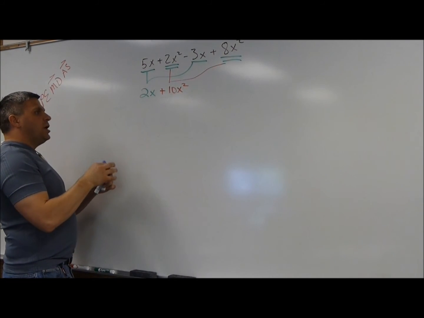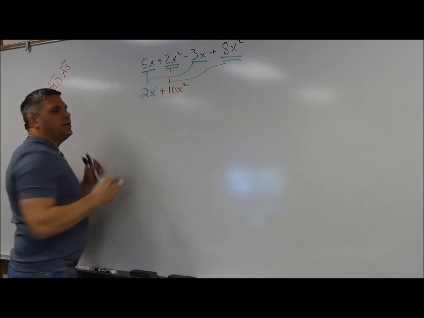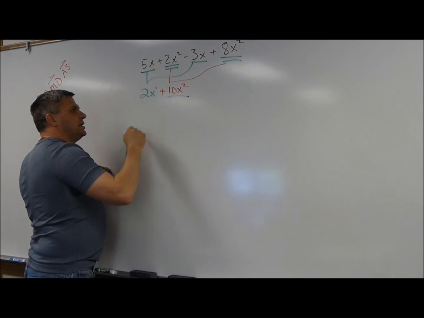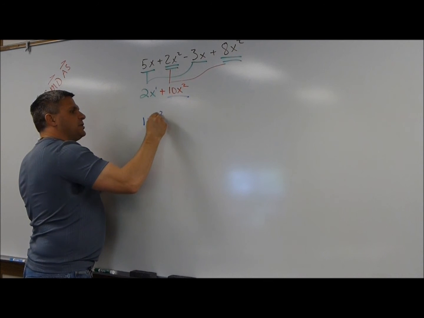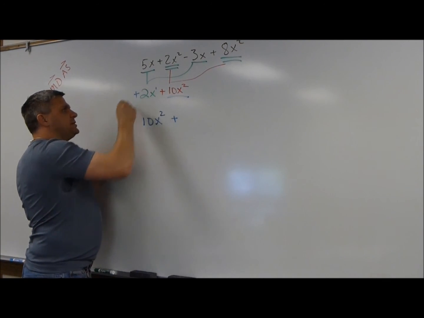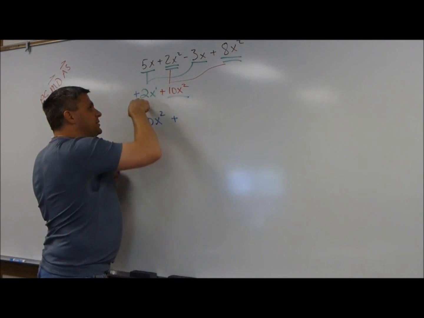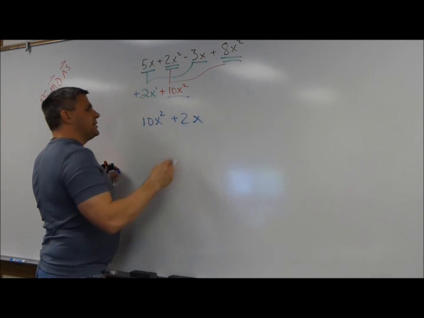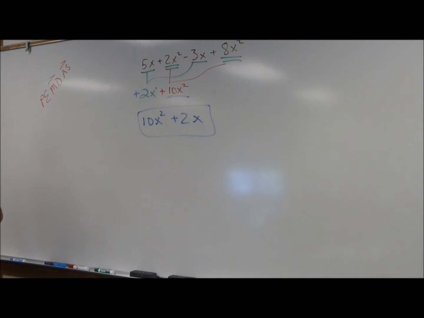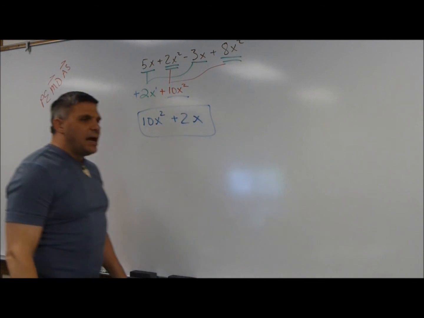And so since we know that there really is a 1 here, then the first one would be this guy, 10x squared, followed by this guy, and we know there's a plus out here, so plus 2x. And now we got them all organized, and we're happy campers.